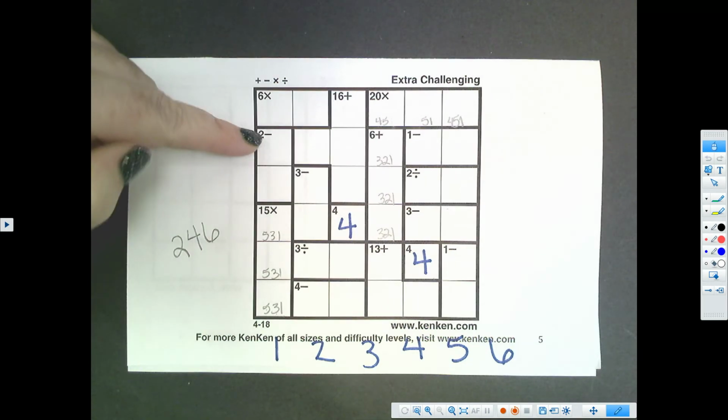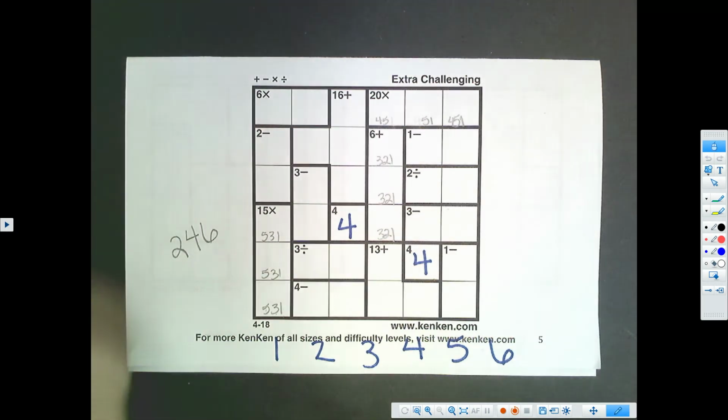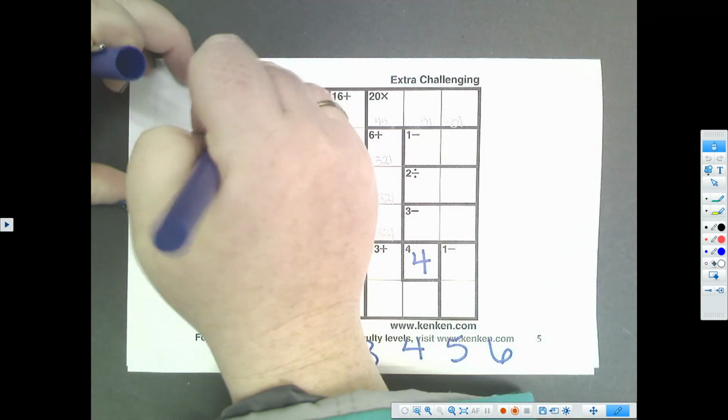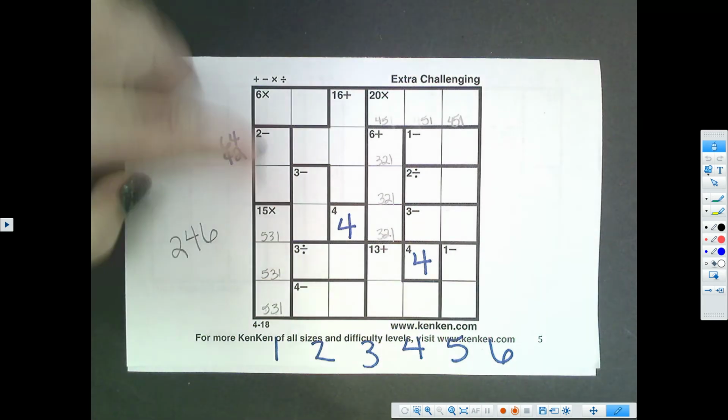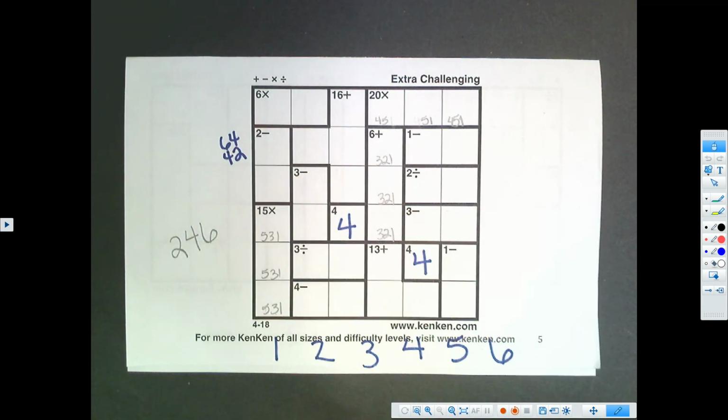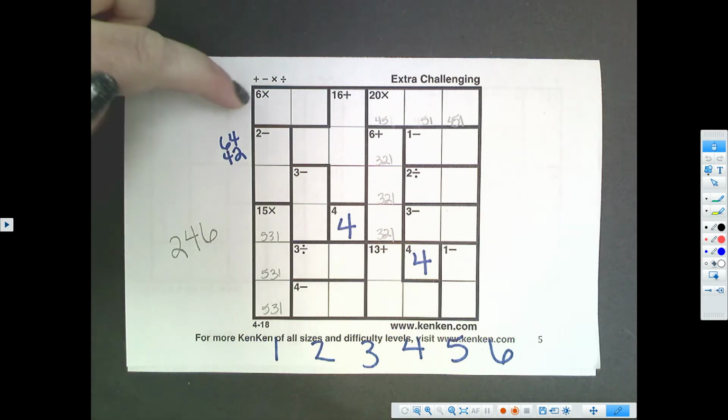Subtracting 2 can either be 6 minus 4 or 4 minus 2, so a 4 has to go in that column somewhere, but I don't know where, and it's going to be with either a 6 or a 2. So it starts to give us possibilities, and this will be either 6 times 1 or 2 times 3.